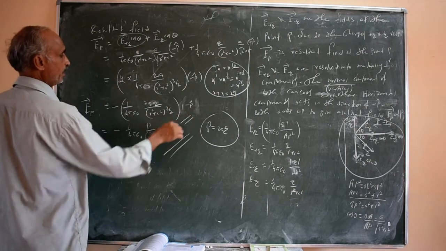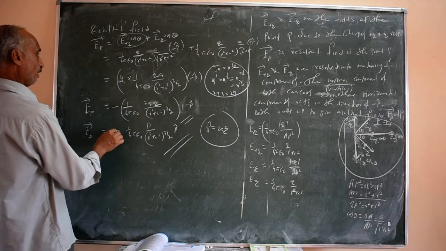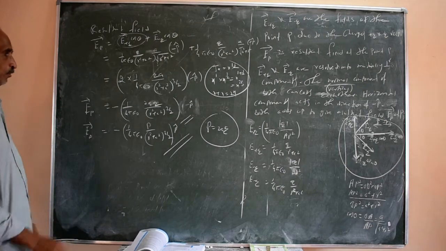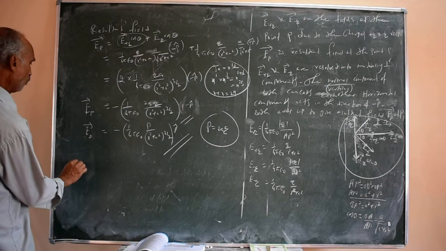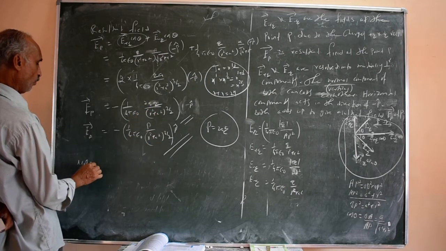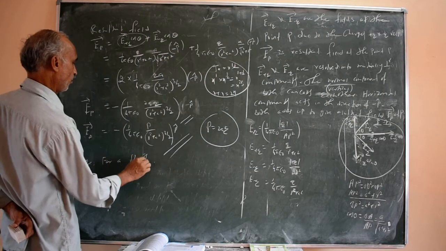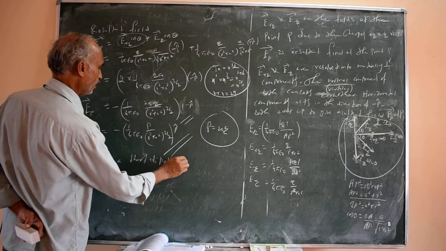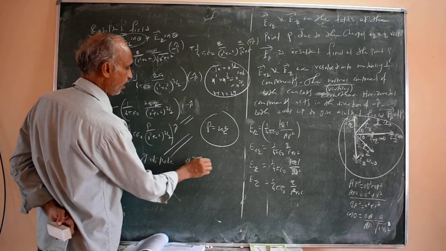Here also we can end the derivation, into p cap. So P, the dipole moment, is equal to 2aq. Note for a short dipole: a is far smaller than r.